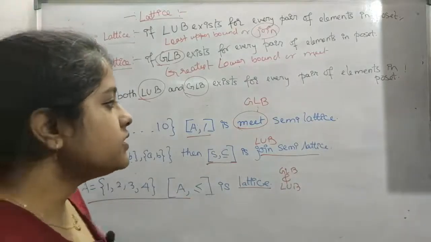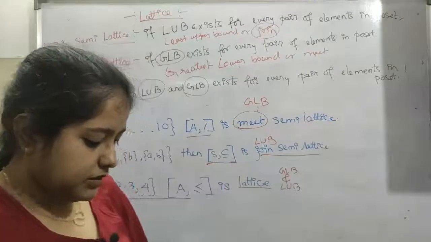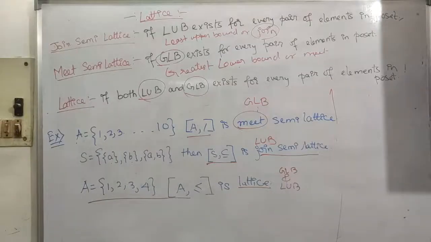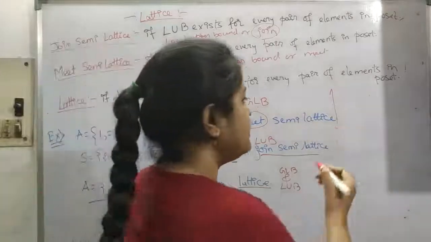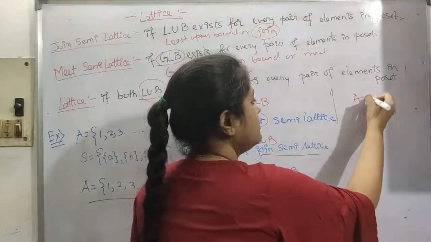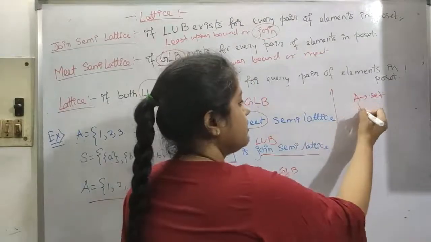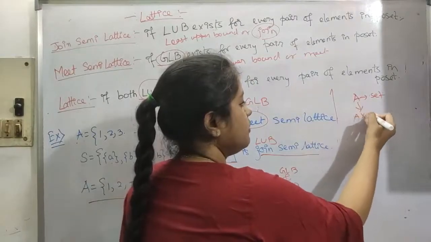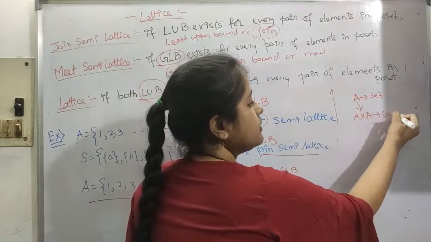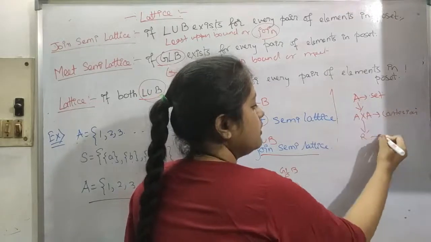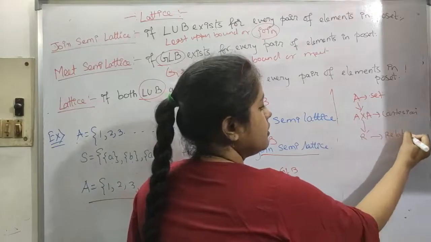Now it must be confusing. We started with A, which was our set. Next we took the Cartesian product, A cross A. Next, our relation R is taken.